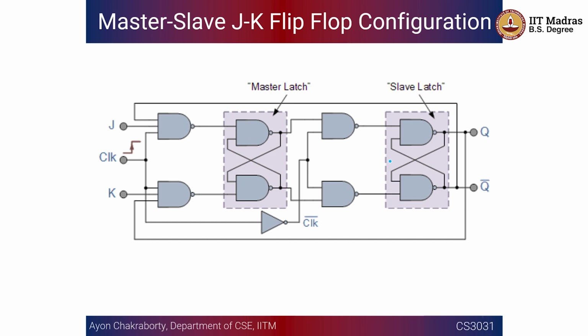What we can show you first is that this actually consists of two JK flip-flops. Sometimes we call it a JK flip-flop or a JK latch actually, because it behaves as a latch, so there is a confusion in the terminology sometimes. This is for some reason called a master-slave JK flip-flop that consists of these two JK latches. One is the master latch, the other one is the slave latch.